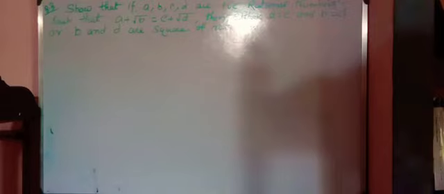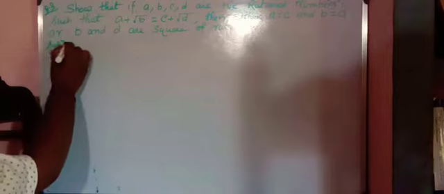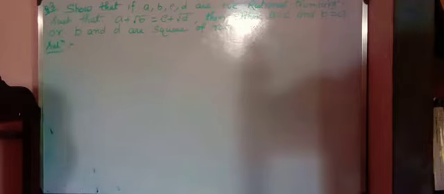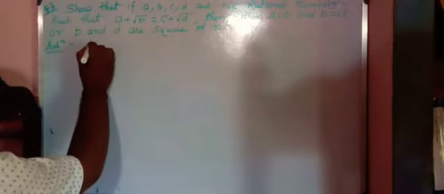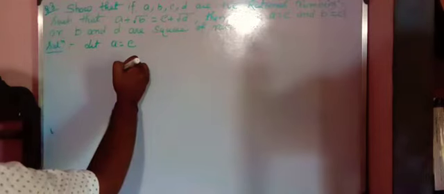So as you can see from the board, what we have to prove is that if a, b, c, d are positive rational numbers such that a plus root b is equal to c plus root d, then either a is equal to c and b is equal to d, or b and d are squares of rational numbers. So for that, first let a be equal to c, understood?